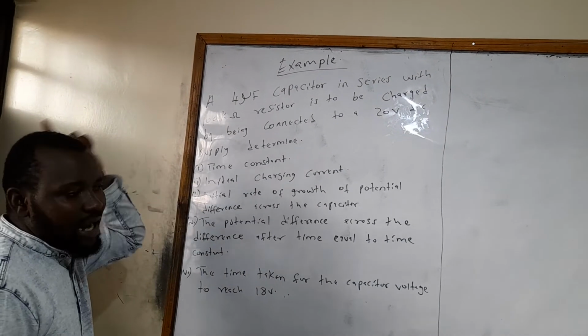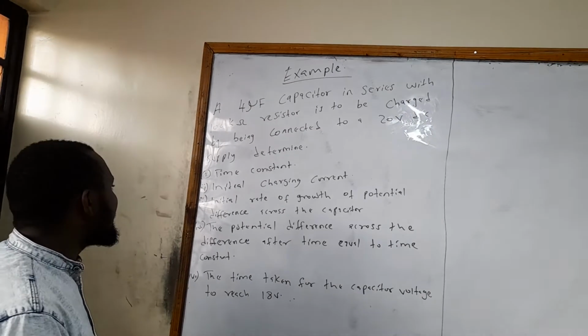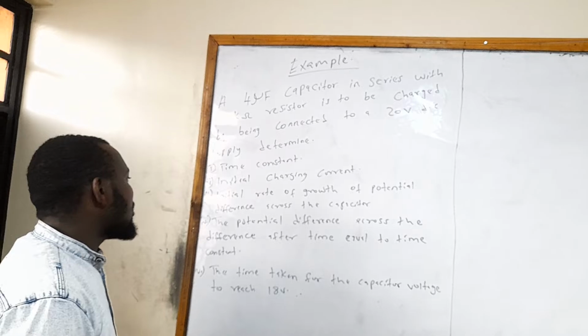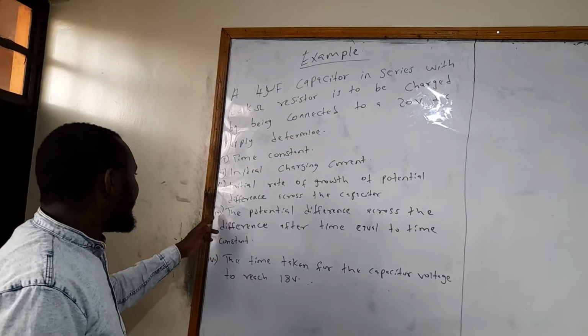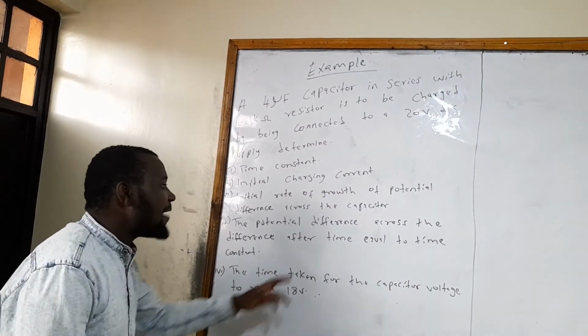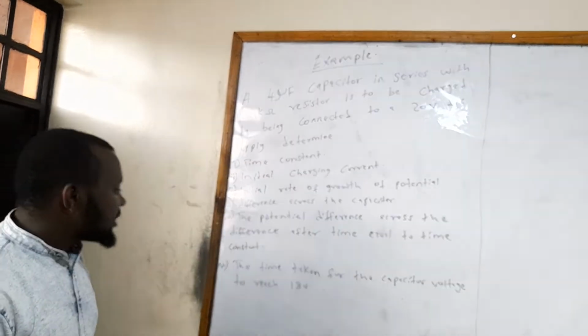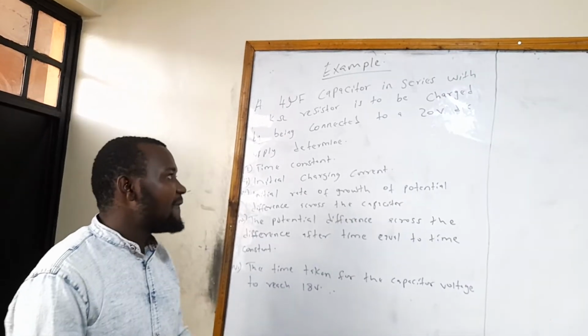Determine: 1, the time constant; 2, the initial charging current; 3, the initial rate of growth of potential difference across the capacitor; 4, the potential difference across the capacitor after a time equal to the time constant; and 5, the time taken for the capacitor voltage to reach 18 volts.